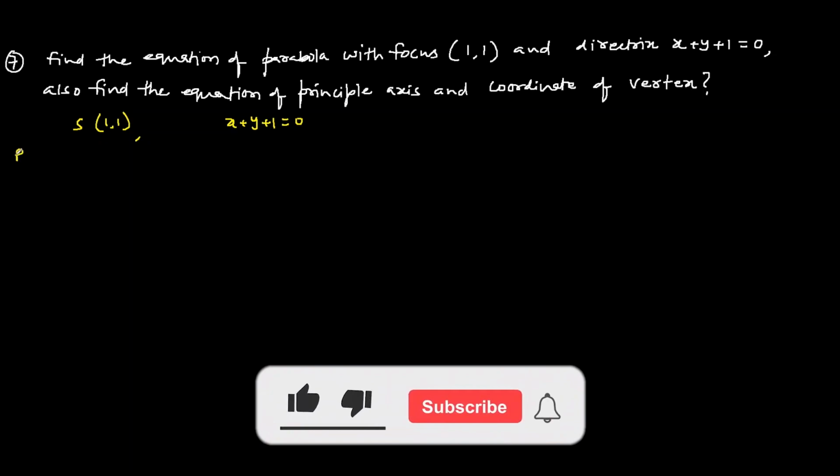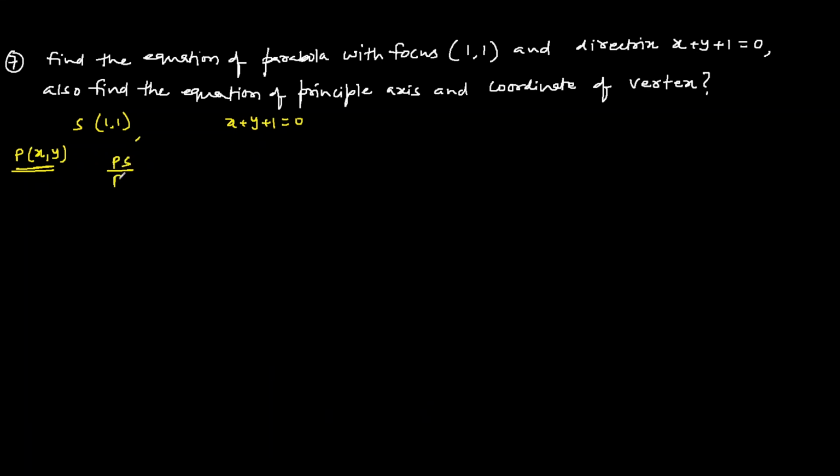Any point on the parabola is P. And we know that in a parabola PS/PK = 1, or PS = PK. PS is the distance between point P and S, and PK is the perpendicular distance of point P from the directrix.